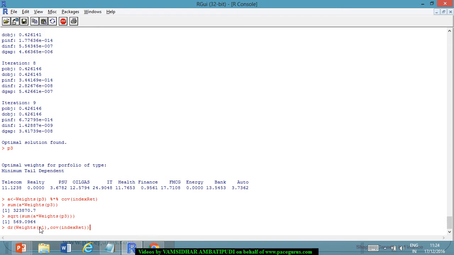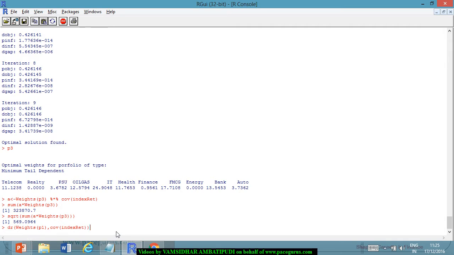Weights of P1 is one input that I am considering, along with the covariance of the index returns. So whatever the model, this covariance of the index returns will be the same as long as my data is the same, whereas the weights would differ.